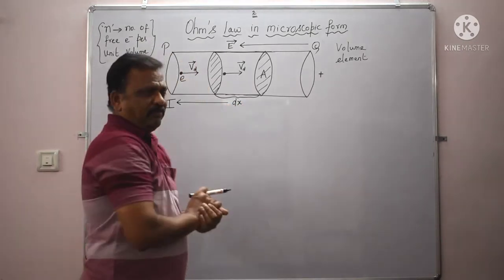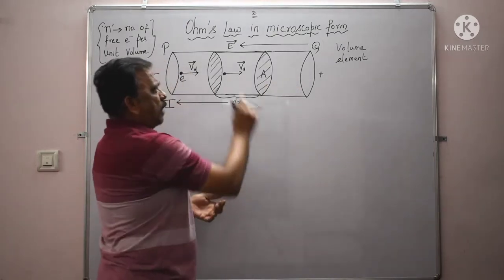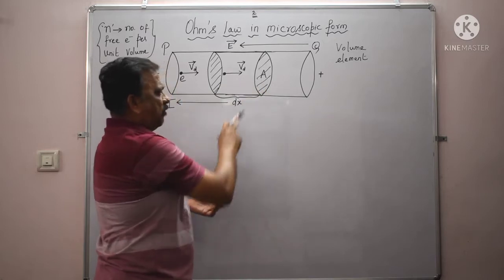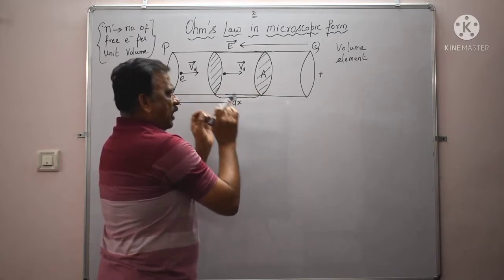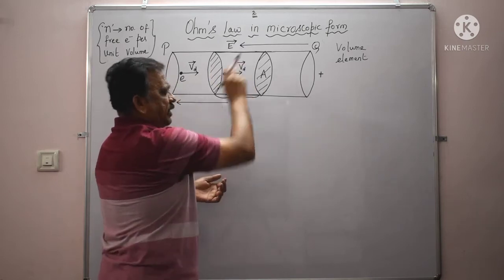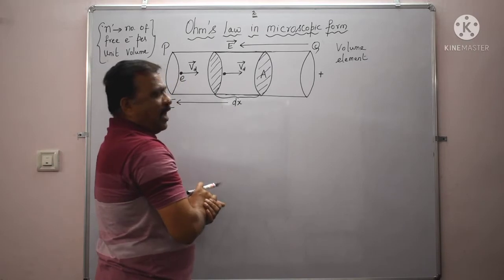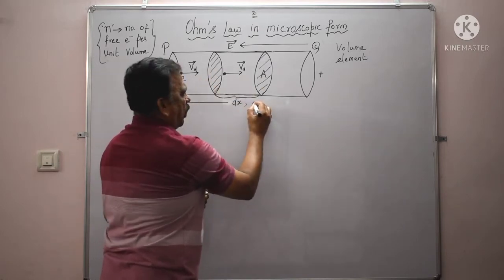When drifting from P to Q, they have to cross this volume element of length dx, drifting with a velocity v sub d vector and covering the distance dx in a time interval of dt.